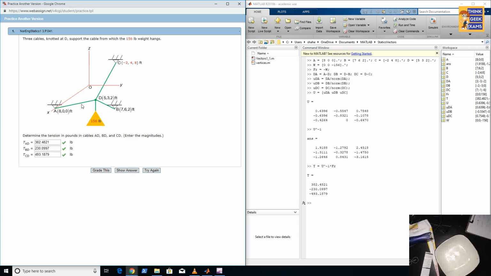So if it's pulling it downward, it needs to be pushing it up. So this string is not taut, that's why this is a weird configuration. Alright, but we got the answer correct, so see you next time.